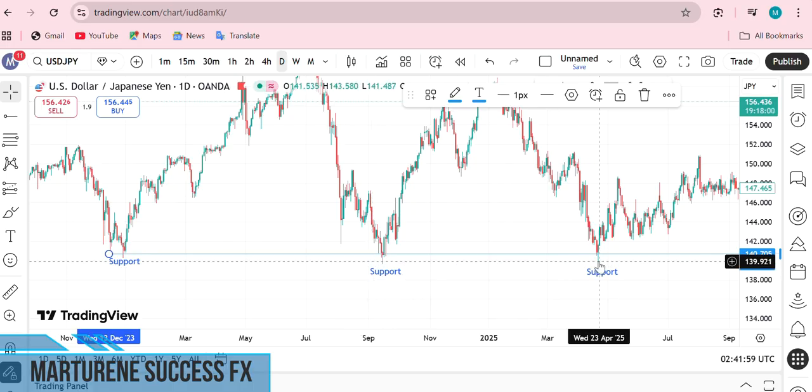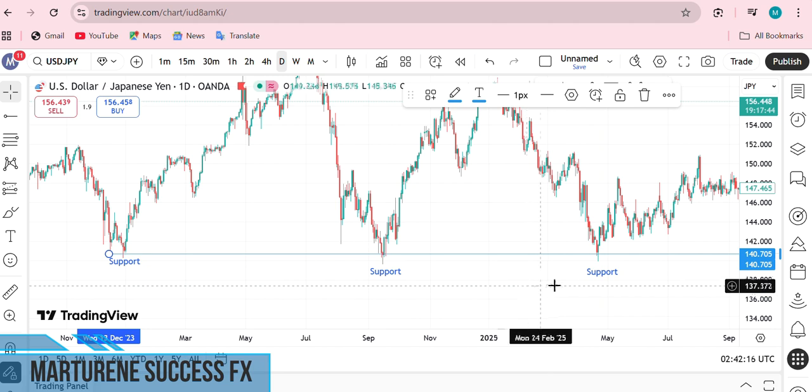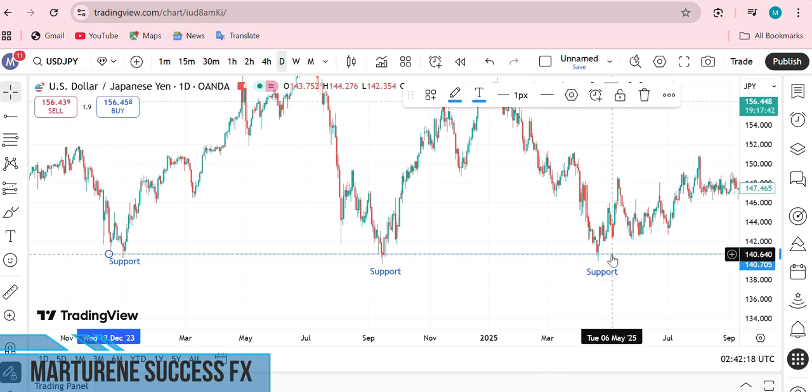Here it made a retracement at 139.921. So you see that in all these areas, the price at which the market made a retracement differs.